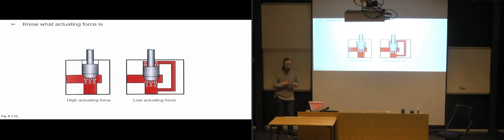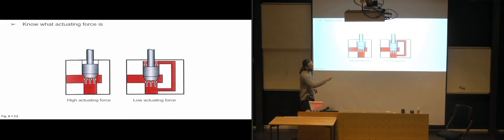Actuating force. So now we're moving over to valves. The actuating force is the force needed in order to move the valve, basically. If you have a poppet valve where the flow is going along the same axis as the slide, basically the piston on the valve, then you will have a very high actuating force when you are pushing against it, like this.